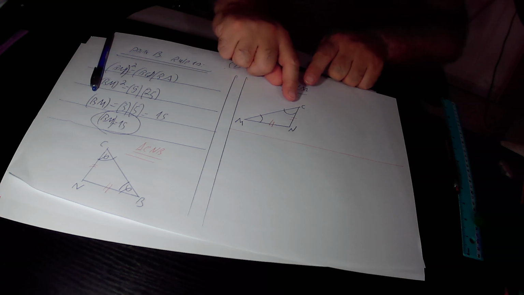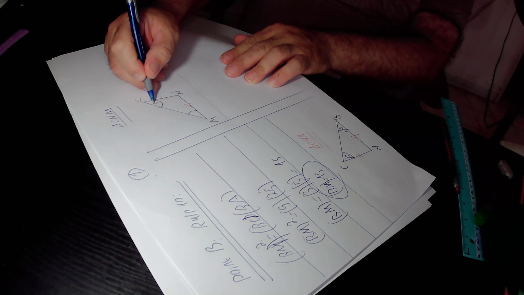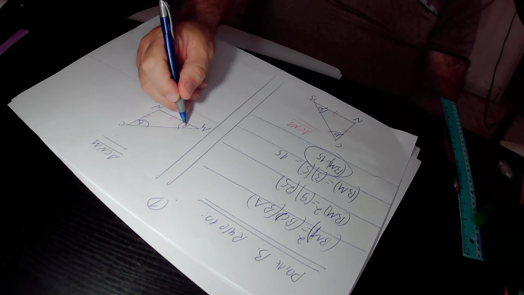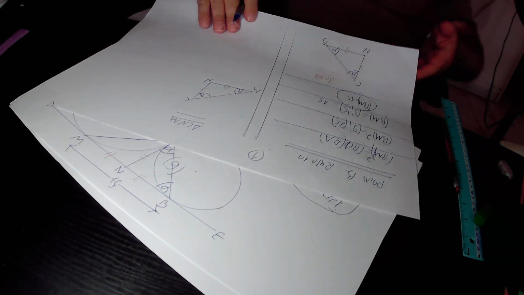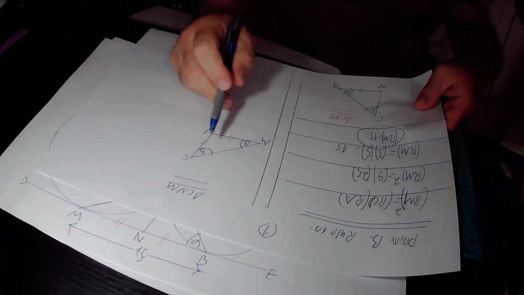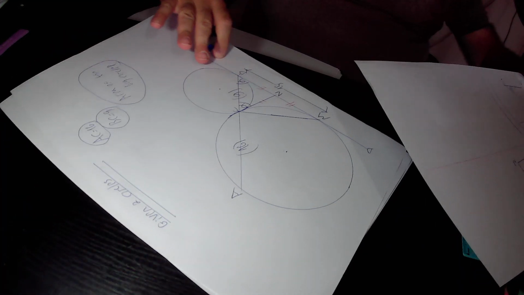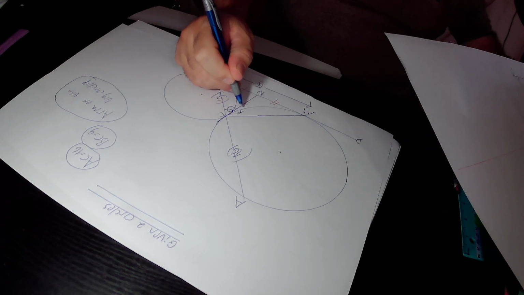So if the size of this angle is beta, then the size of this angle must be also equal to beta because they are equal to each other according to the rule that I mentioned. So in conclusion, we found out that angle MCN equals beta. This is angle MCN that is equal to beta.